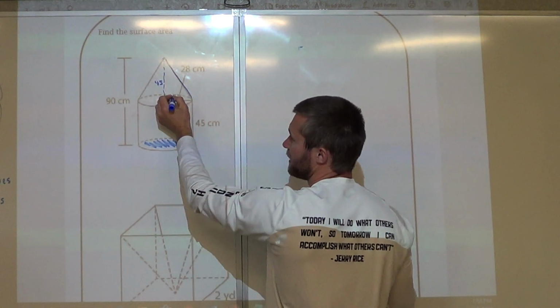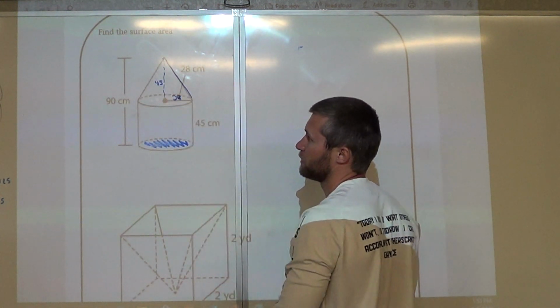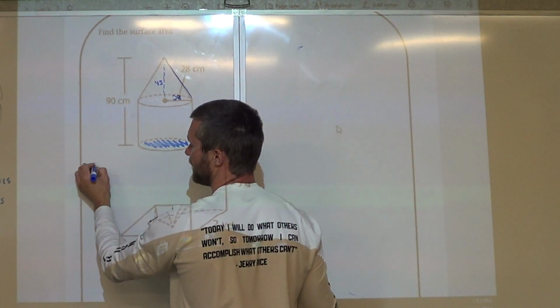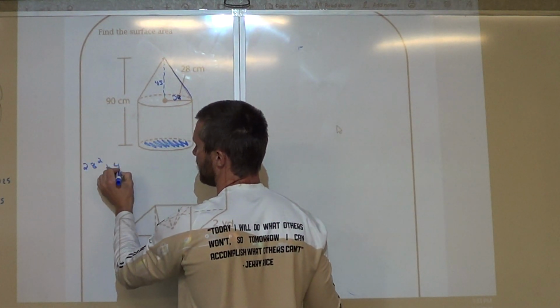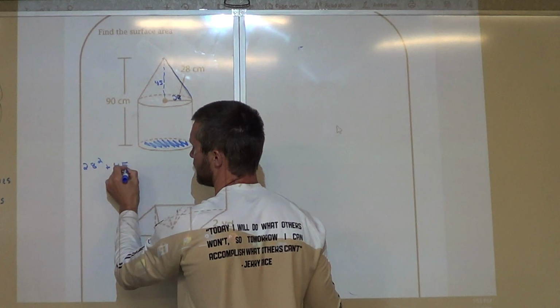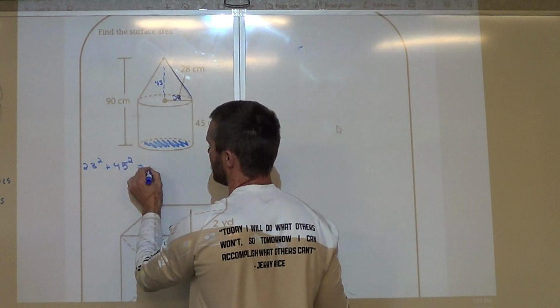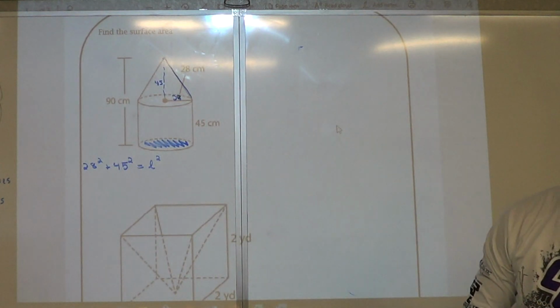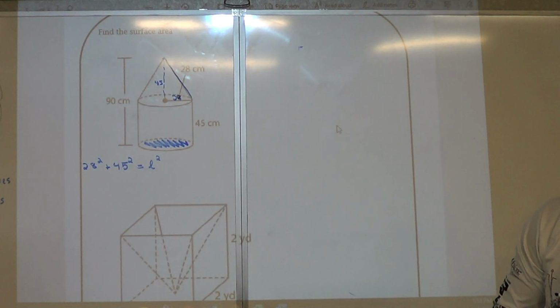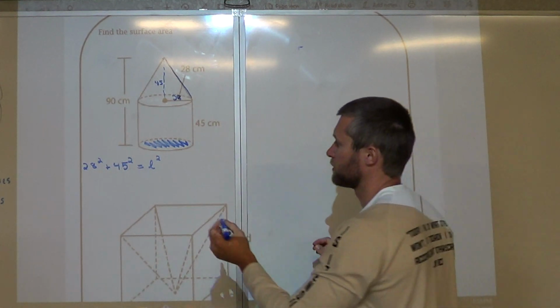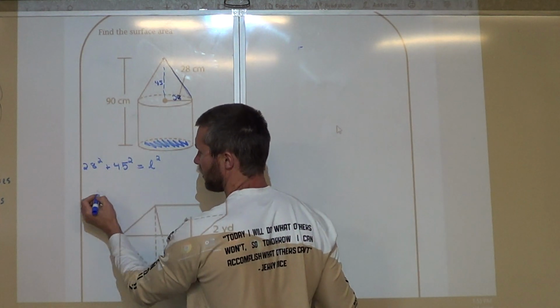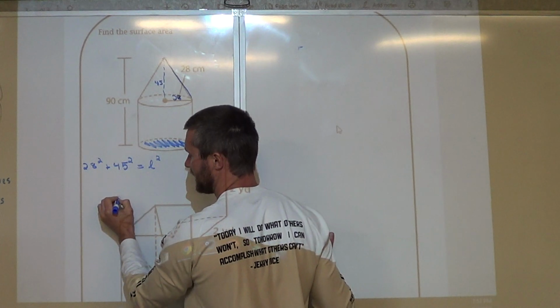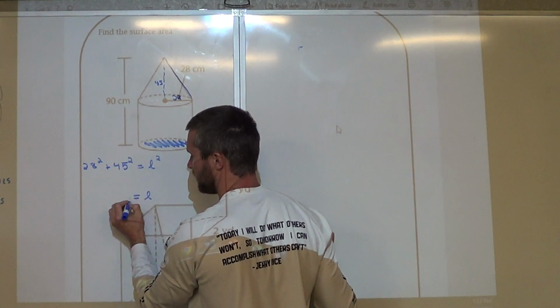And this is 28, so we need to do the Pythagorean theorem again: 28 squared plus 45 squared equals our slant height squared. If you did all of this and took the square root, you're going to get your slant height equal to 53.